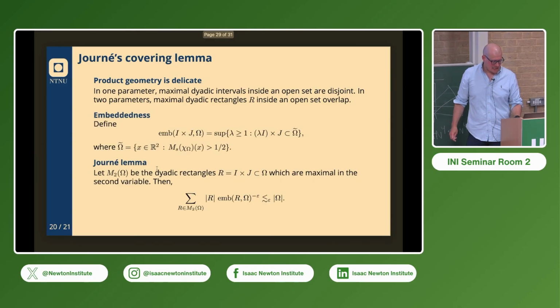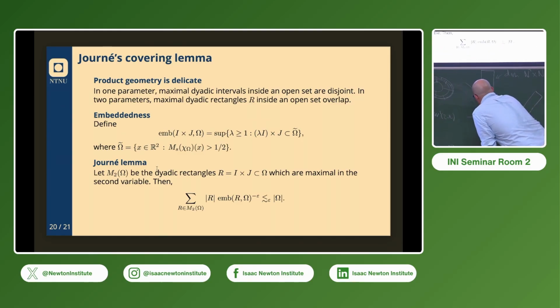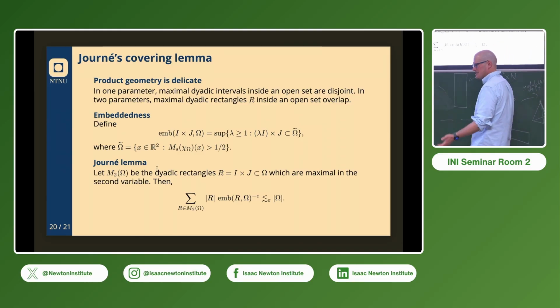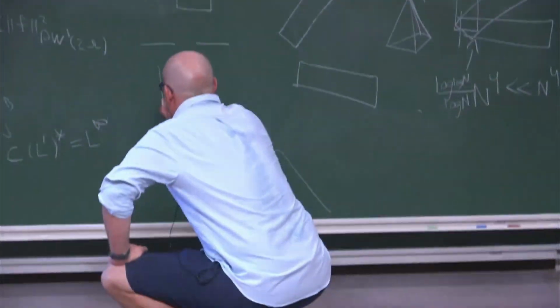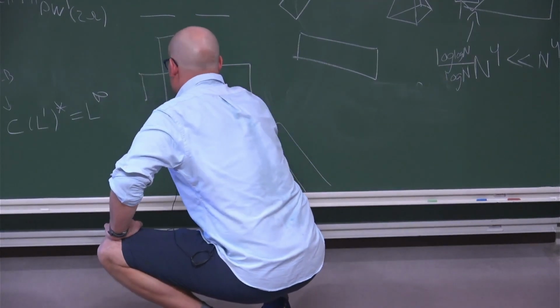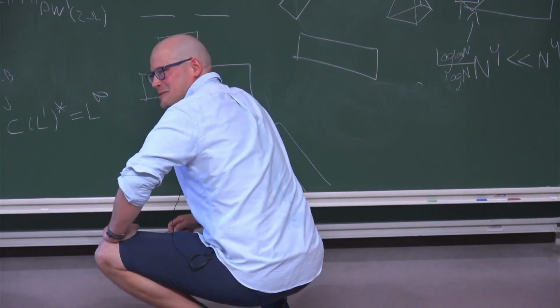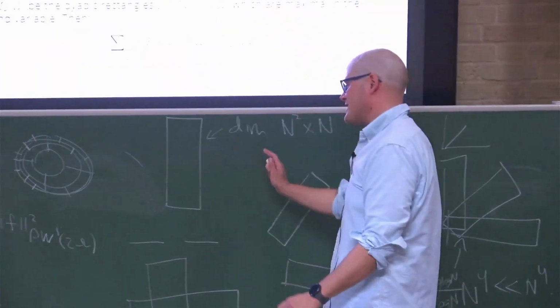And I just had a slide to mention that these 2 variables and then even 3 variables are much more difficult, simply because dyadic intervals either contain each other or they don't intersect. But dyadic rectangles can intersect without one being contained in the other; just one side has to be contained.